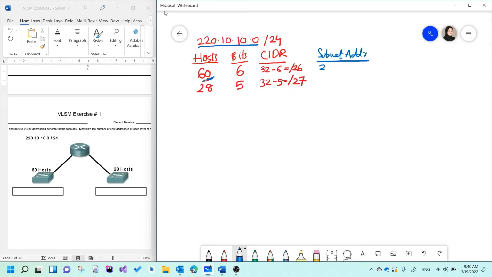So that would be 220.10.10.0. That's your subnet address. Now you need to also figure out the magic number.